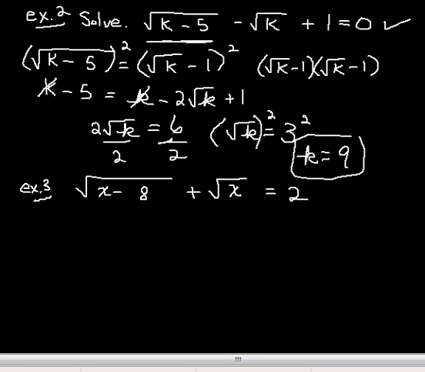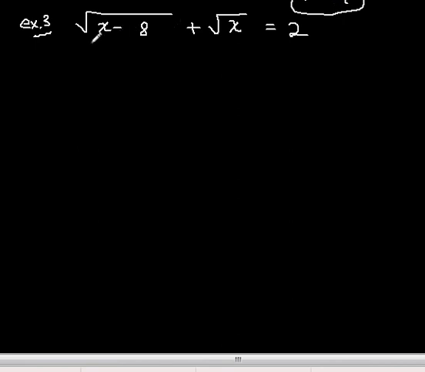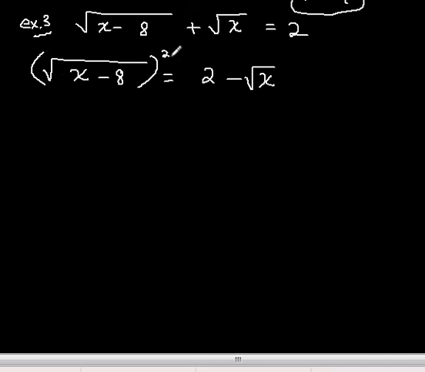Let's do one more of these with the double radicals. First thing, isolate the radical that's the bigger one. So we're going to get square root of x minus 8 equals 2 minus the square root of x. Then we square both sides to get rid of the first radical.